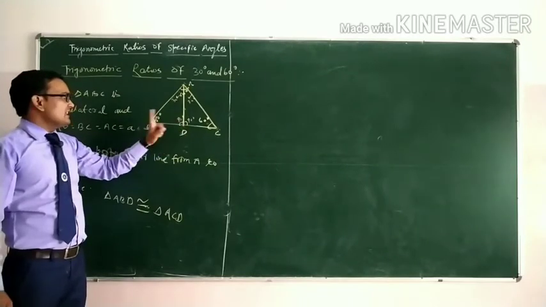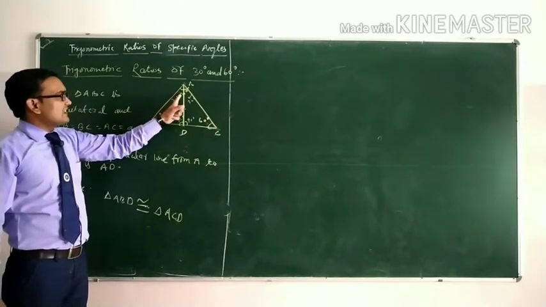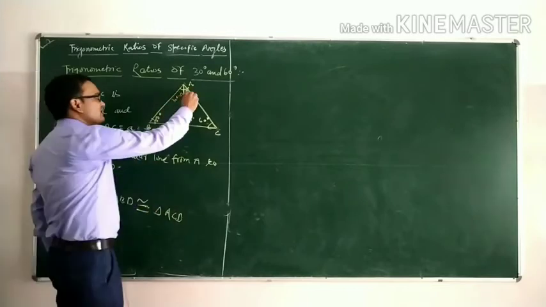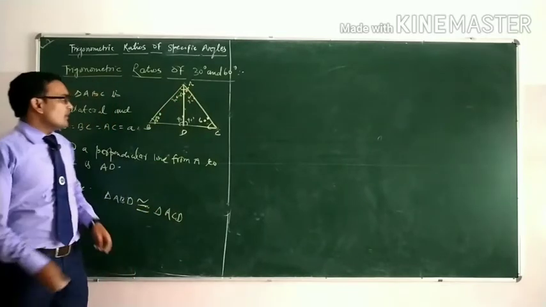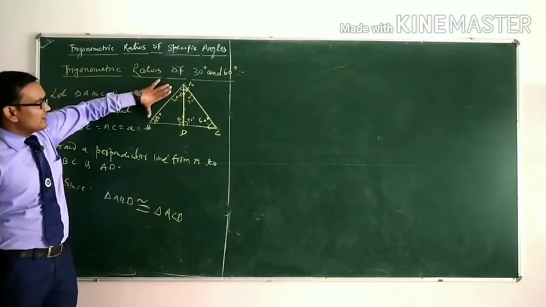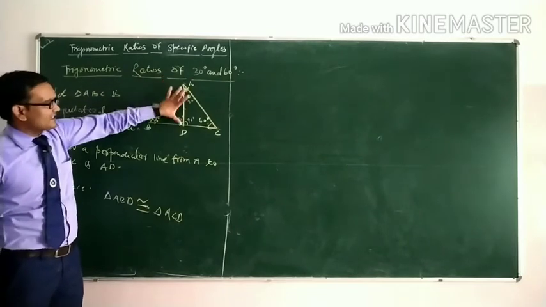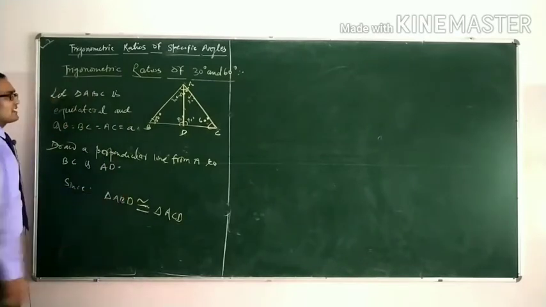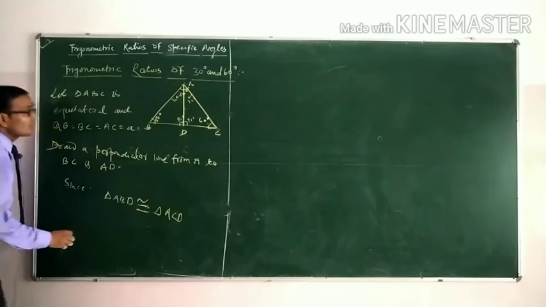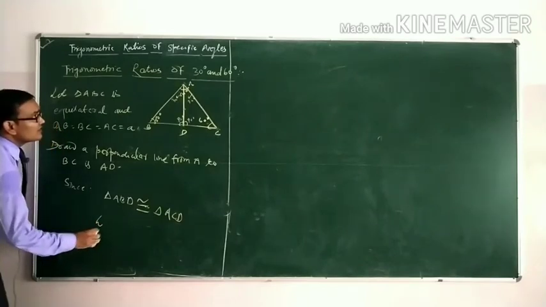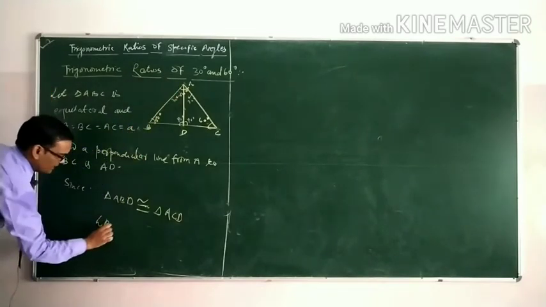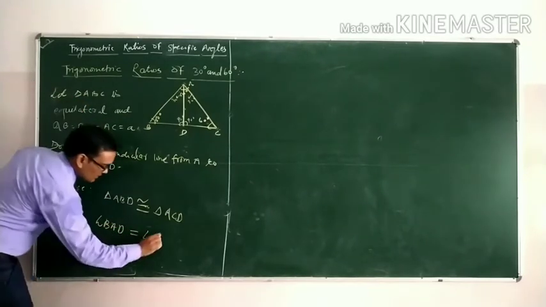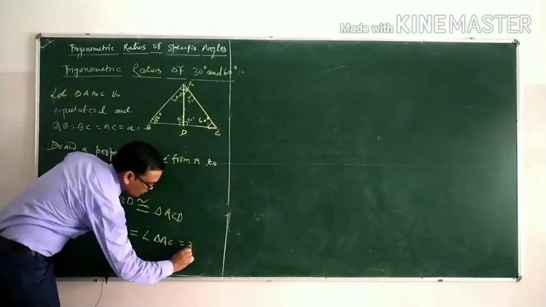If it is 90 and 60, then this angle is 30 degrees. Then by using SAS, the triangles are congruent. Then angle BAD equal to angle DAC is equal to 30 degrees.